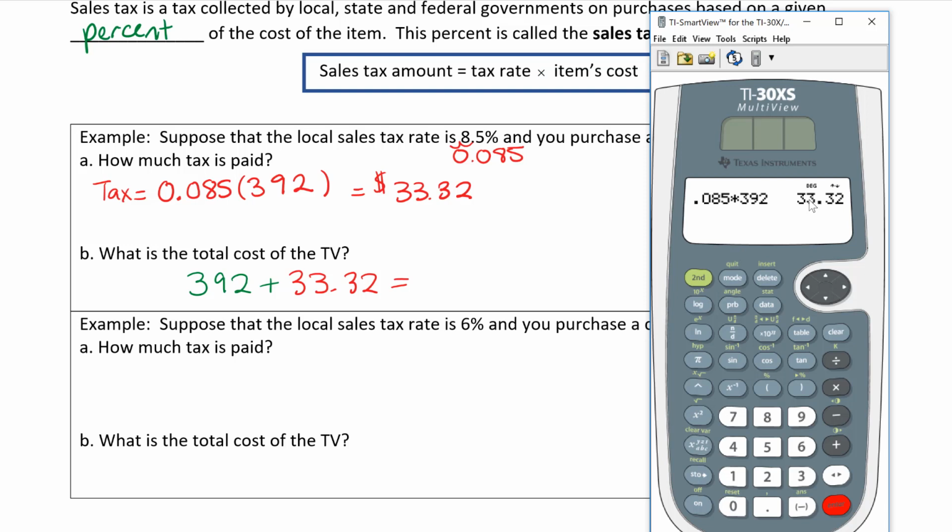When I add those two things together, I'm going to pull up my calculator again. I already have 33.32, so I'm just going to hit plus, and that takes the answer plus 392, and that gets me $425.32.